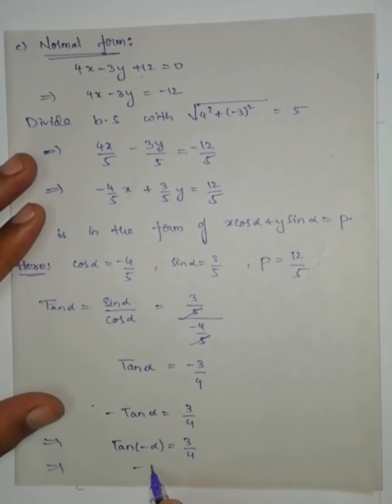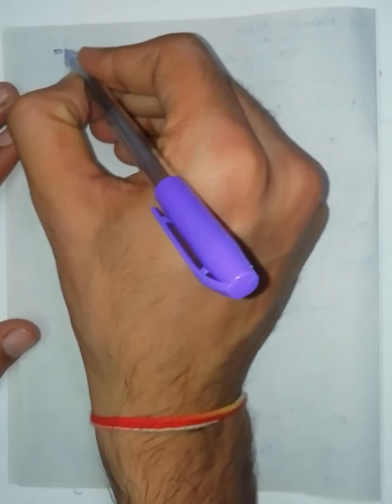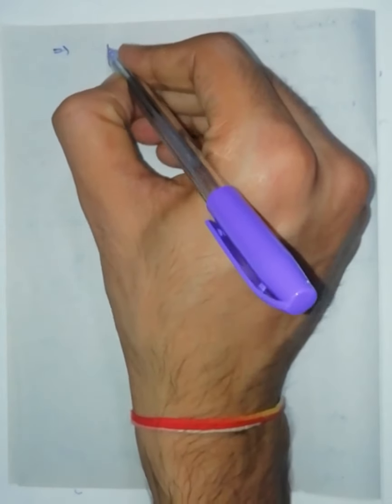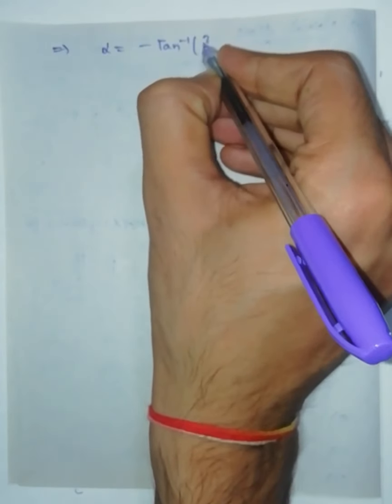This implies minus alpha is equal to tan inverse 3 by 4. This implies alpha is equal to minus tan inverse 3 by 4.